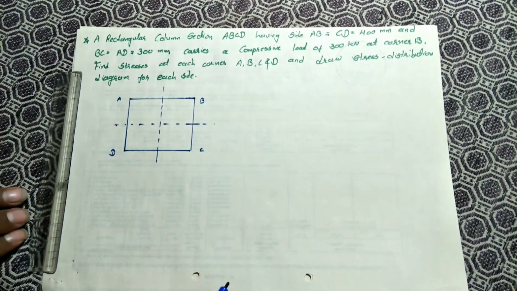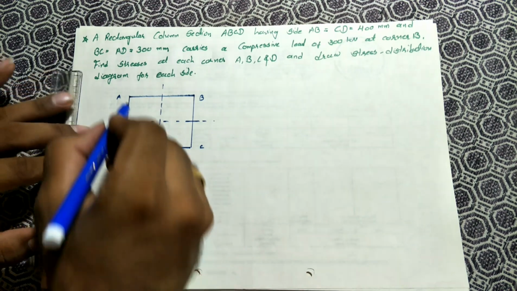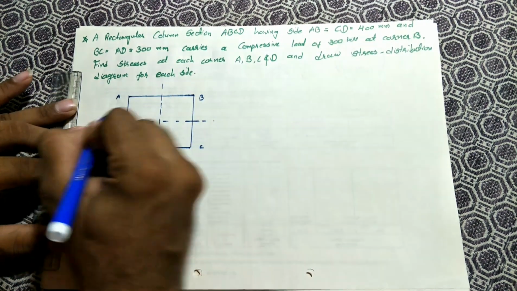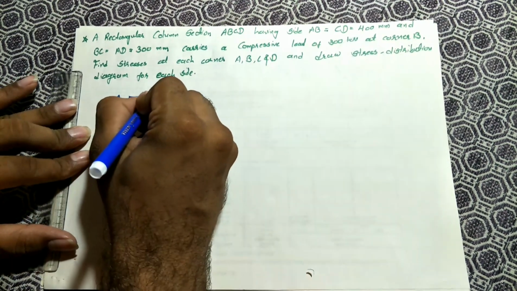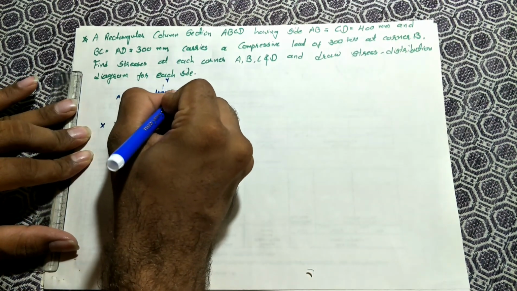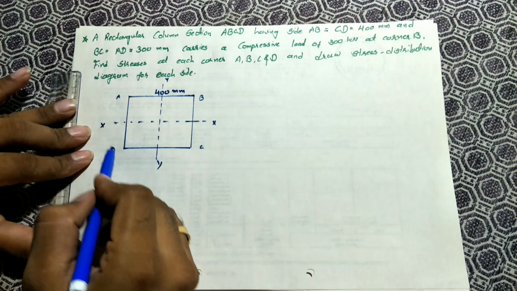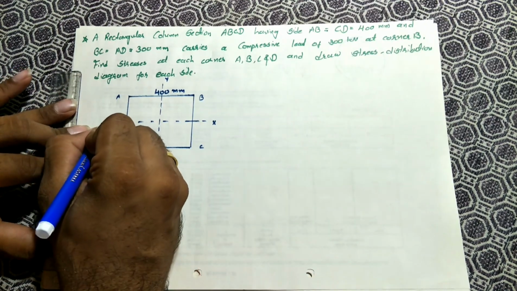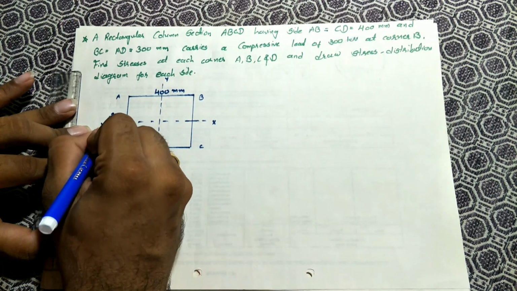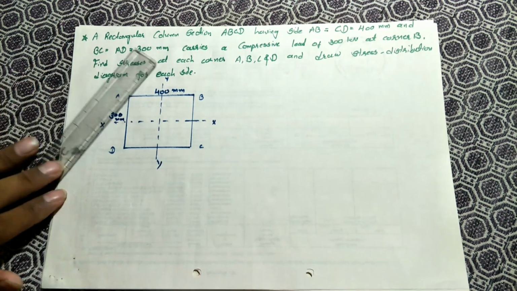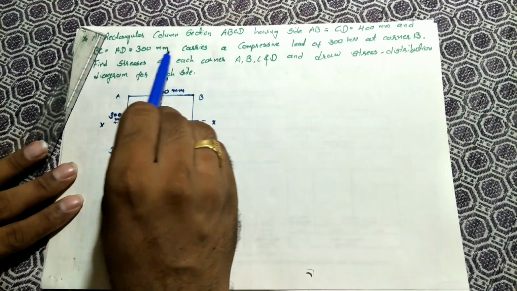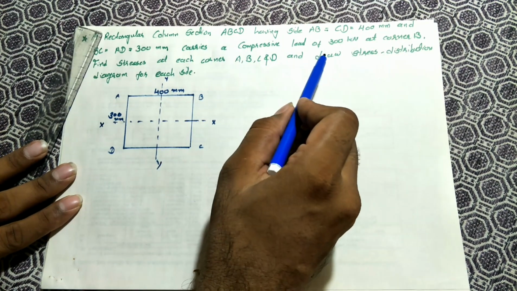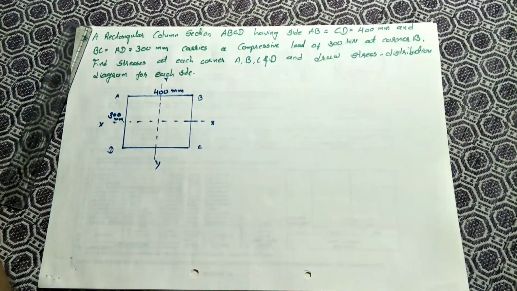This is your XX and YY, this is your 400 mm, and BC and AD equal 300 mm. It carries a compressive load of 300 kilonewton at corner B.